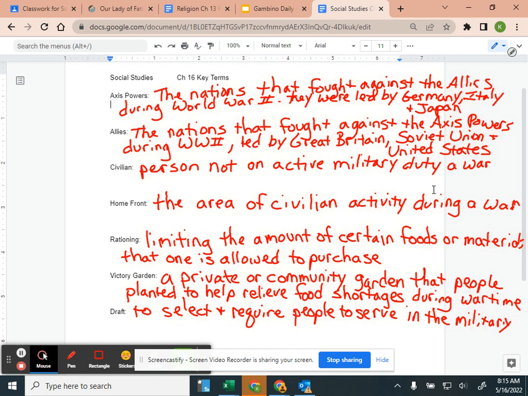This map shows the furthest extent of control by Germany and Italy at the height of their power in January of 1942. So you can see that the red, the orange, the yellow, the places that are not green is how much they spread out. So they were really putting up a good fight, spreading into the other countries.